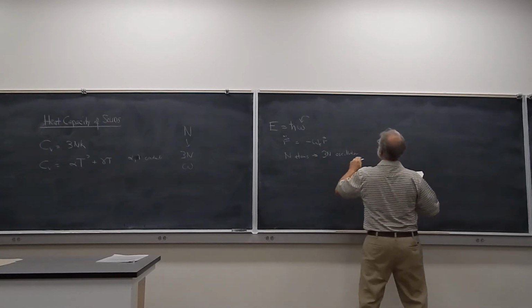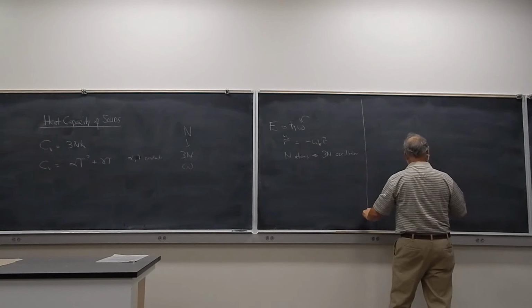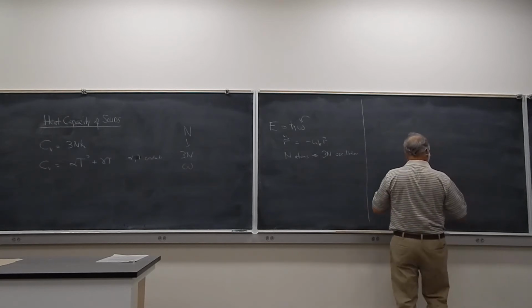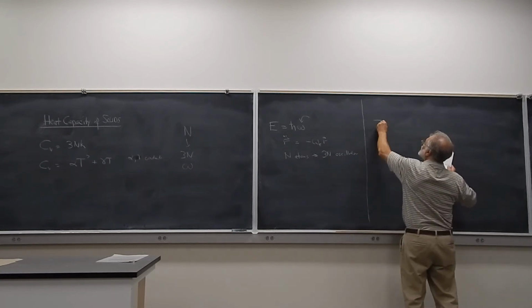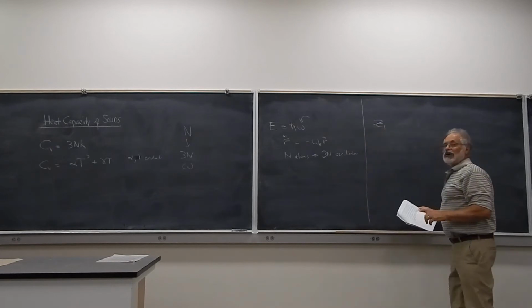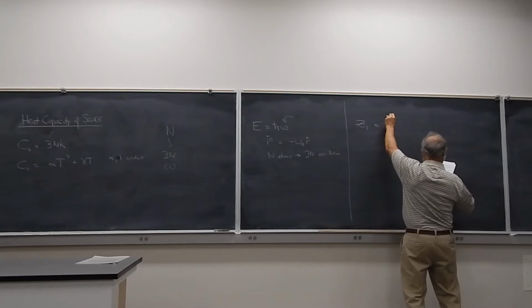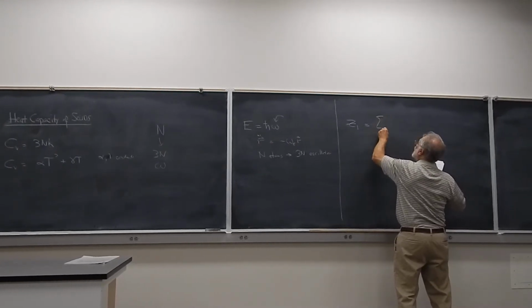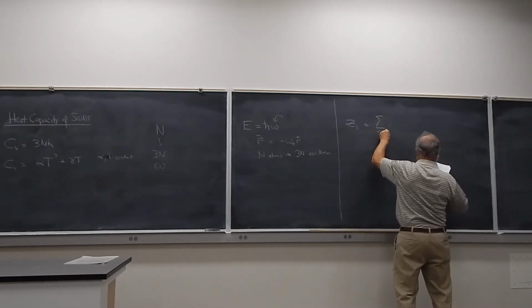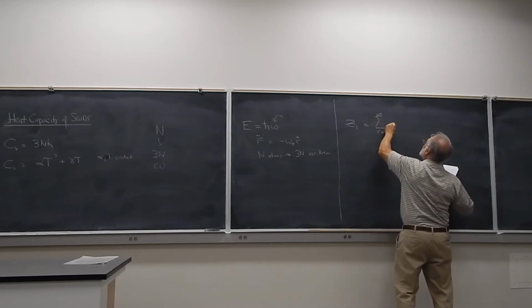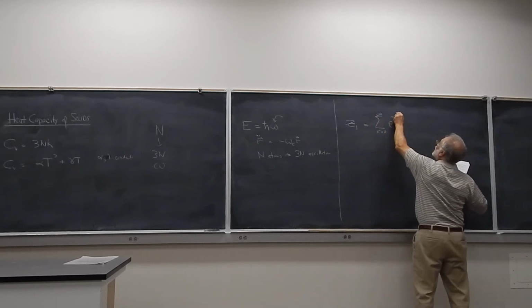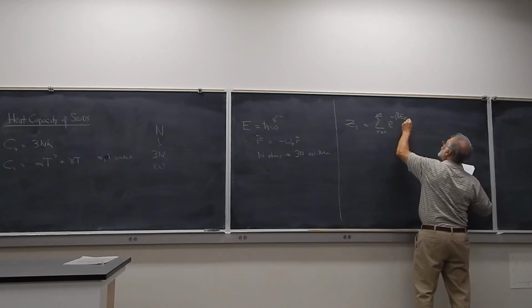And we're going to use the canonical ensemble. Let's look first at the partition function for one oscillator. I can write it as the sum over r equals 0 to infinity of e to the minus beta epsilon sub r.